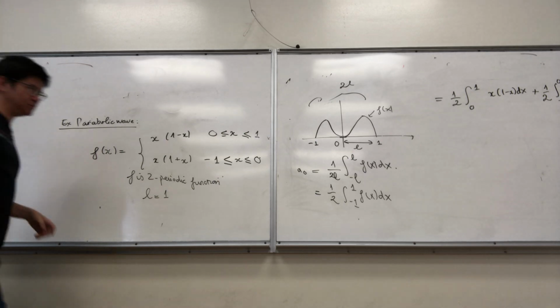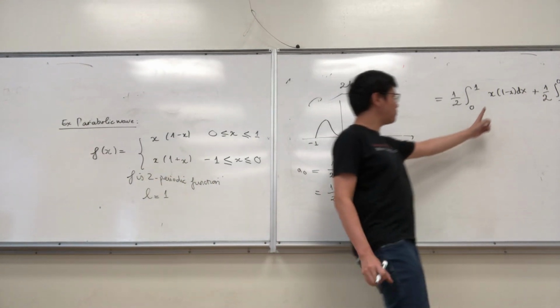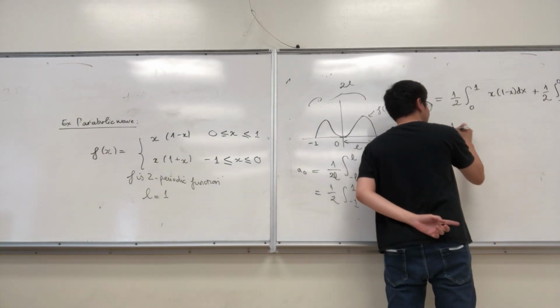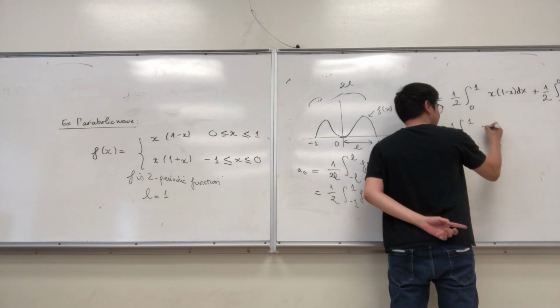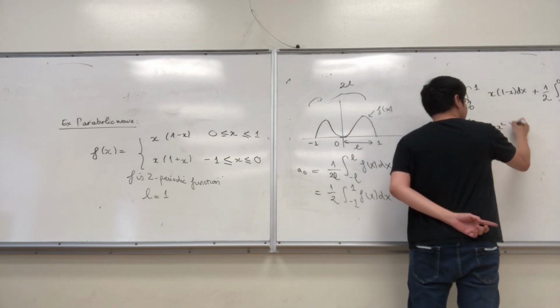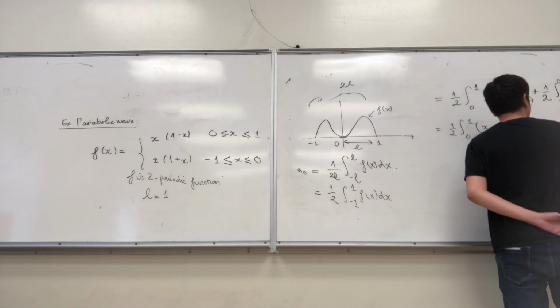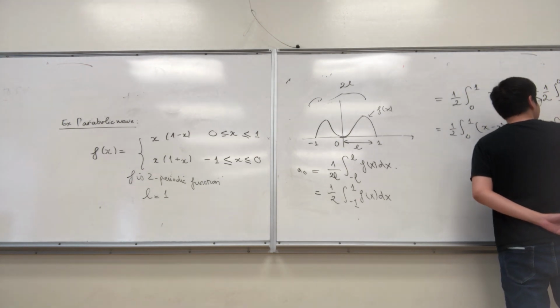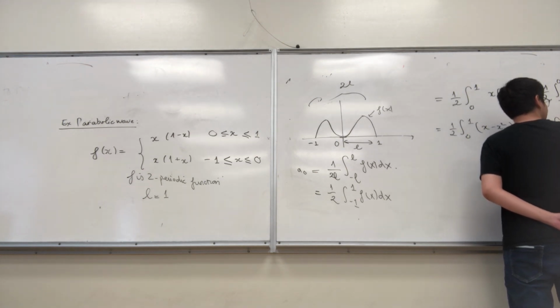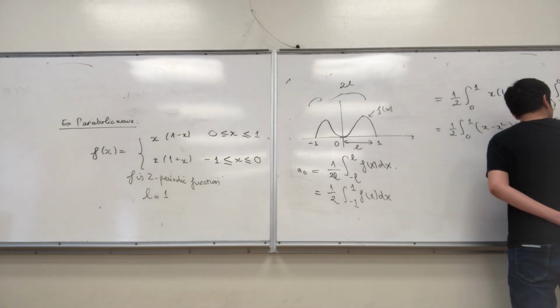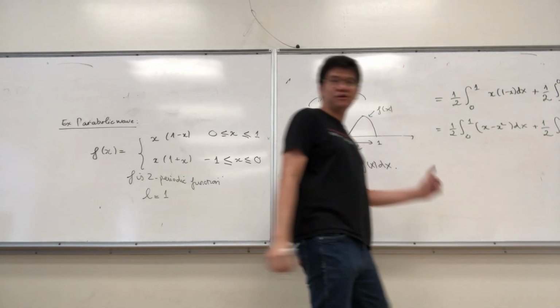So let us try to compute this integral. The first one will give me 1/2 of the integral from 0 to 1 of x minus x squared dx. And the second one will be the integral from minus 1 to 0 of x plus x squared dx. I just factor out.